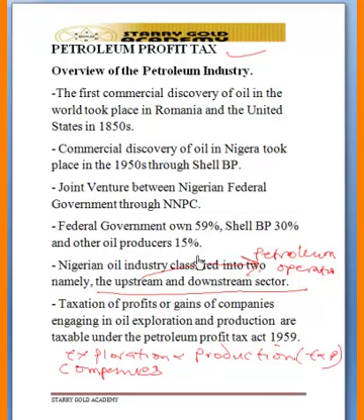Now let's look at the downstream sector too. All operations involved in the conversion of crude oil produced into usable form, e.g. your petrol, PMS, premium motor spirit, kerosene, AGO, automotive gas oil, are referred to as downstream operation.